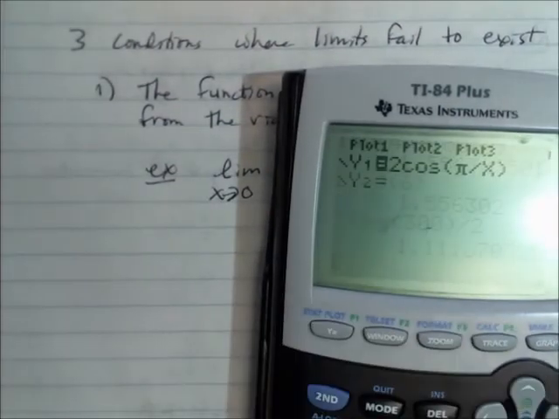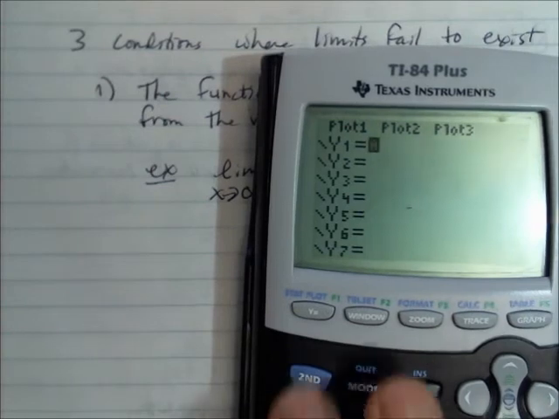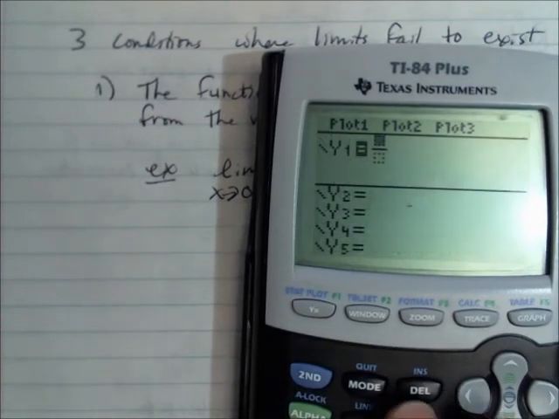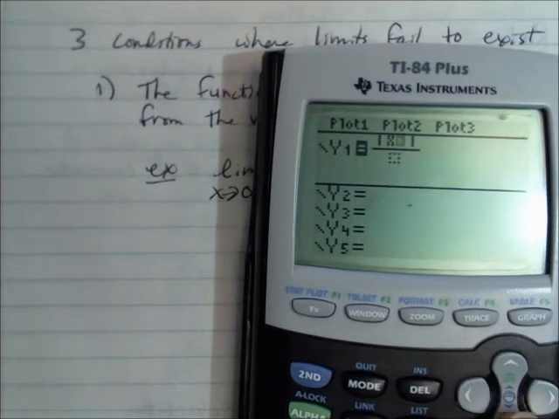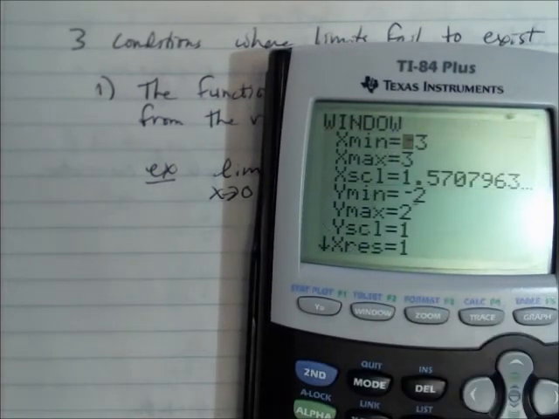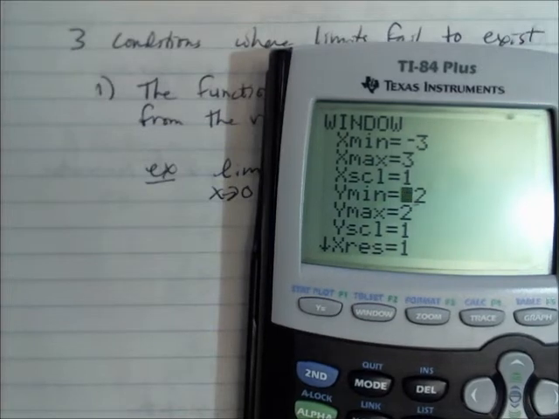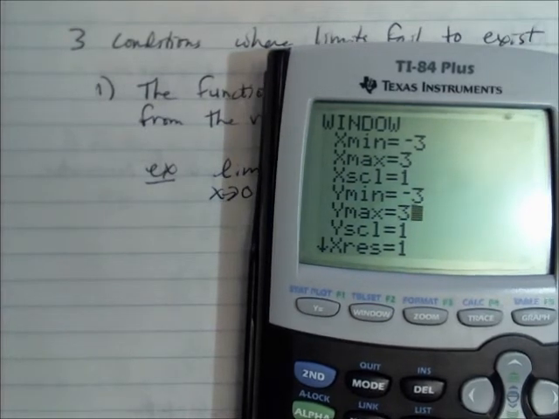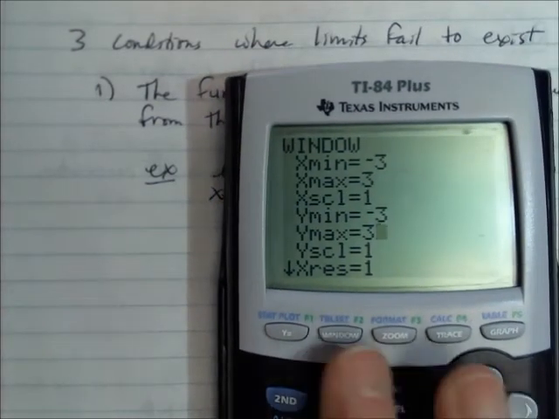Take our graphing calculators out and get the absolute value of x all over x. And I think I've shrunken my window down. Yeah, I'm going from -3 to 3, and my y's are -3 to 3. So I'm kind of zoomed in here.